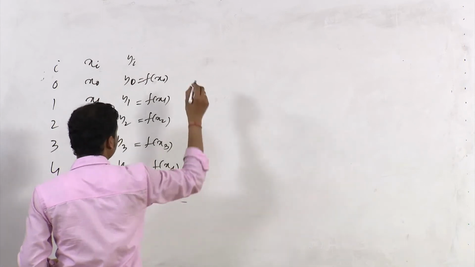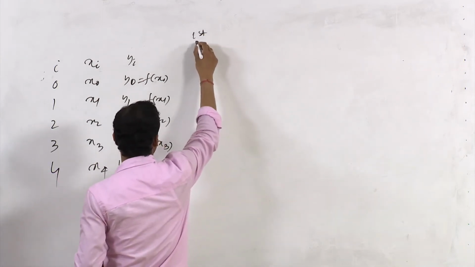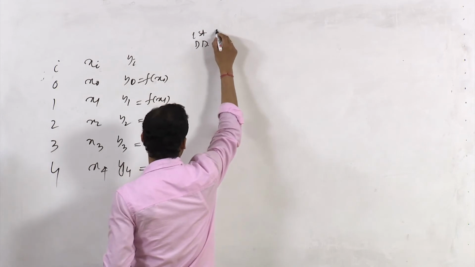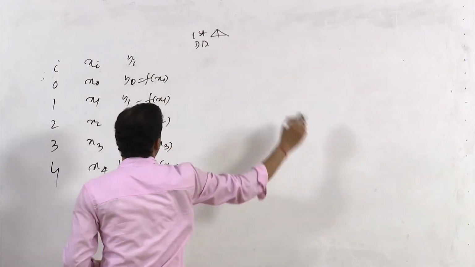And if you take the first order divided difference here, sometimes the divided difference is also written in this form.